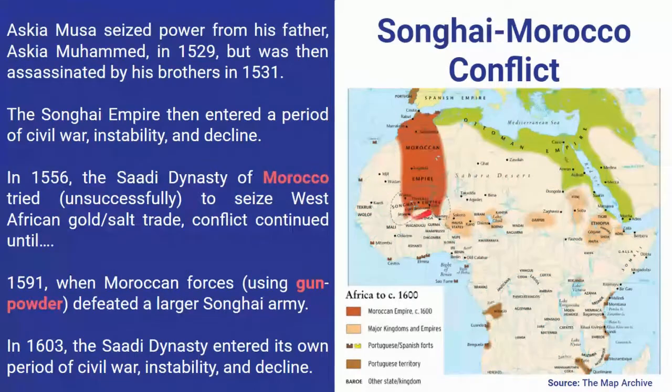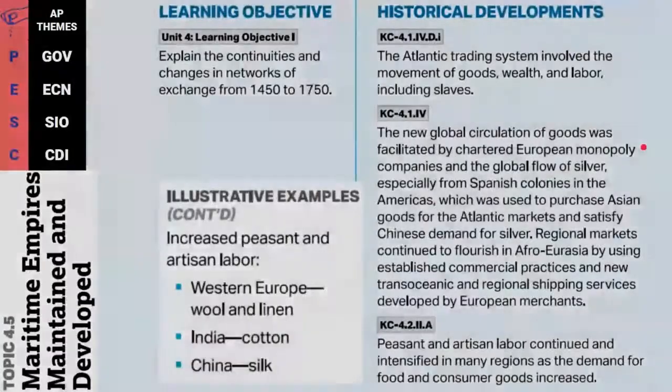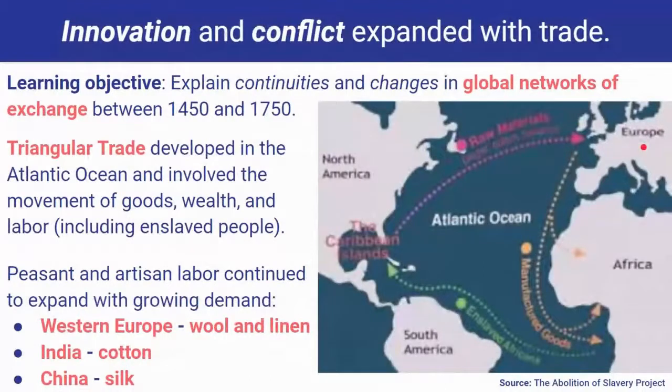They just needed this trade to continue, and the empire that was there was starting to have some problems. And so they chose to use that opportunity to eventually, as you see, not initially successfully, but eventually take over. But then shortly after, they themselves would fall into a period of civil war and instability. This conflict is also noteworthy because the Moroccans were vastly outnumbered. The Songhai army was much, much larger, but the Moroccans were using gunpowder, which by now should stand out as something of interest to you.